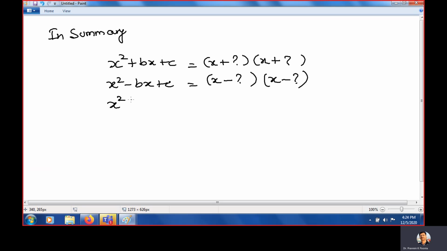But if x square plus or minus bx minus c is there, then one will be plus and one minus: the bigger one will be plus if the middle is plus, and negative if the middle is negative. That's all. This is how to write it. Plus plus, minus minus, plus minus. This is about case number 3.